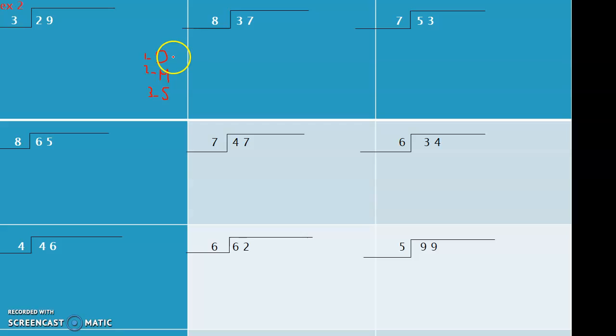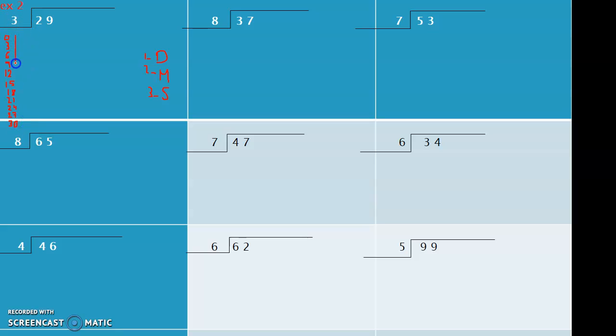Dad, we will divide. We will divide 29 by which number? By 3. We are dividing 29 by 3. In order to divide them, we have to write table 3. Let's write table 3. 0, 3, 6, 9, 12, 15, 18, 21, 24, 27, and 30.